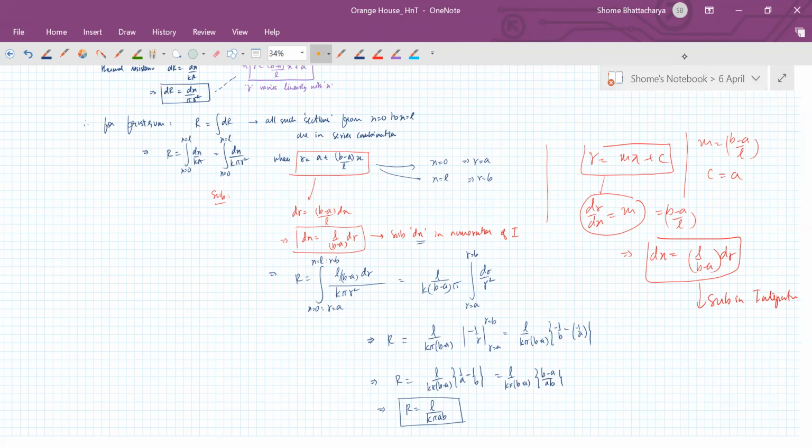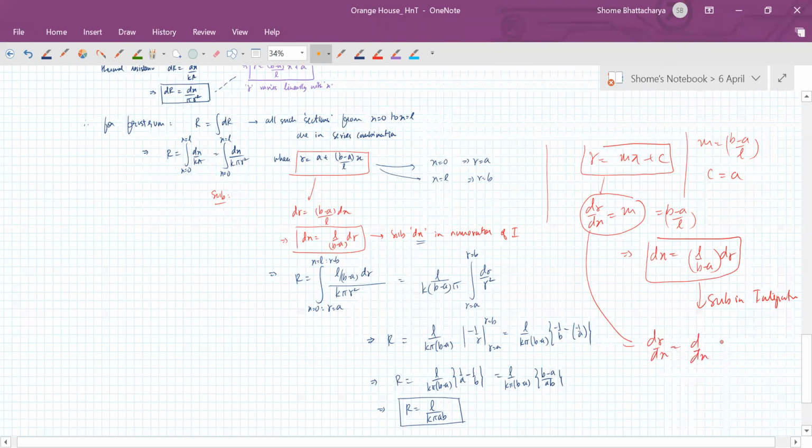And the numerator is dx. Just differentiate this in terms of x. dr by dx is what, d by dx differentiation of mx plus c. So m and c are constants, right, so what will come? m will come, right? And what is the value of m here? This is the easiest type of differentiation to do, right?